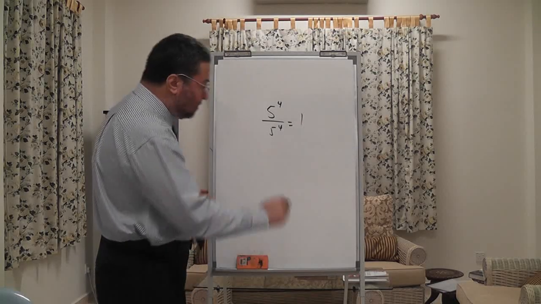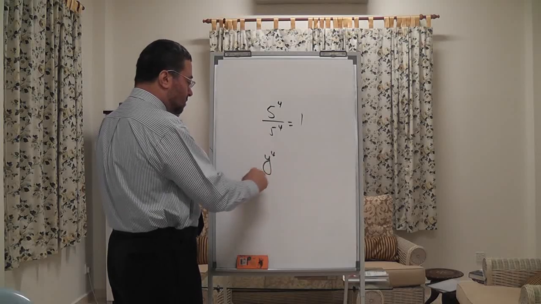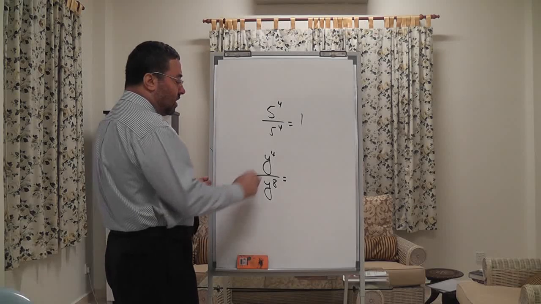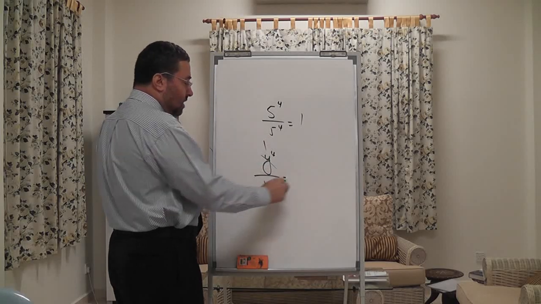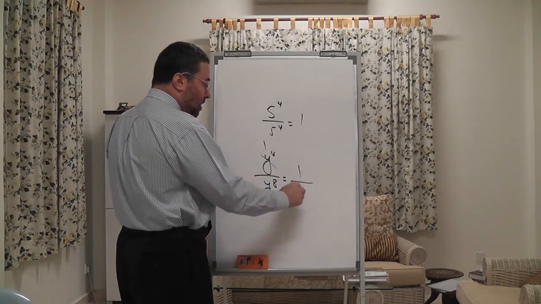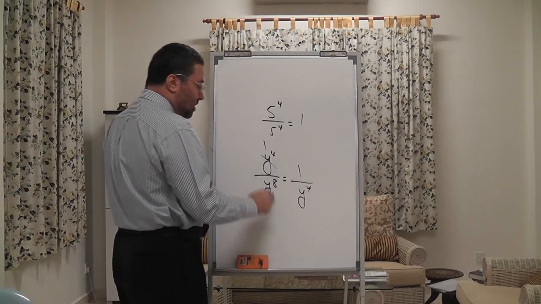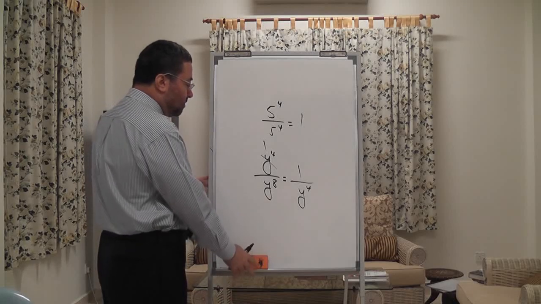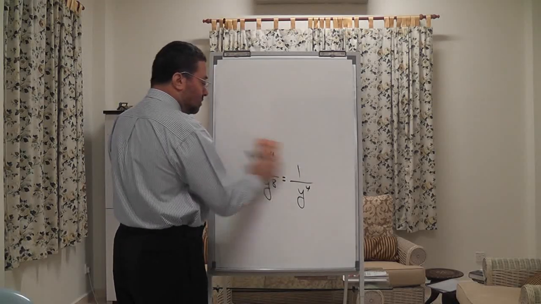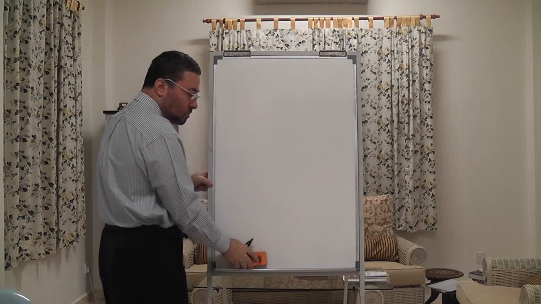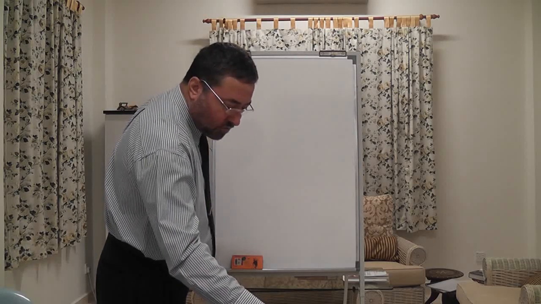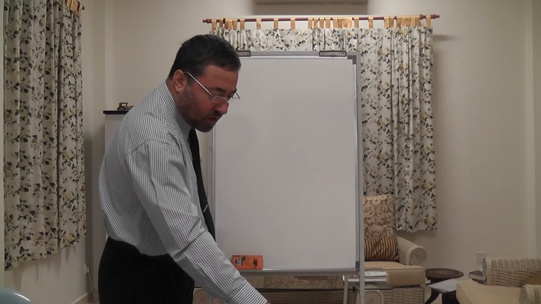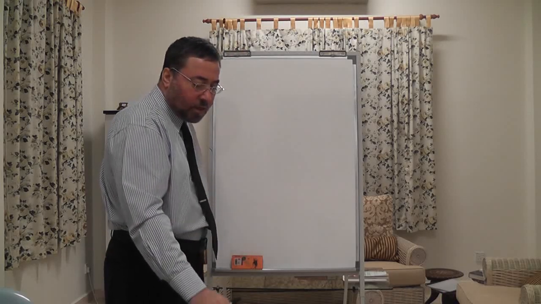Number 4. 4 of this are cancelled by 4 in the denominator, and what is left is the difference, 8 minus 4, and that's y to the 4. Number 5, we have a raised to 5 divided by a raised to 5, and the answer will be 1.